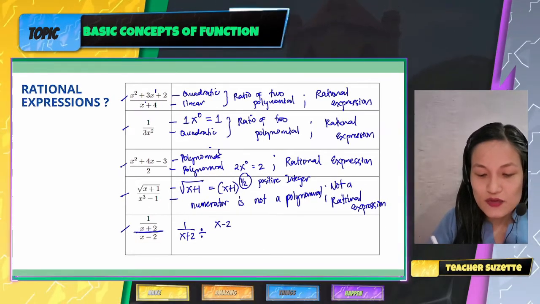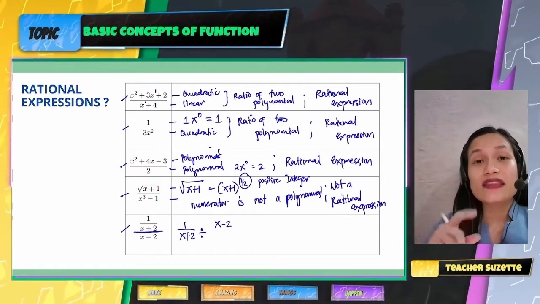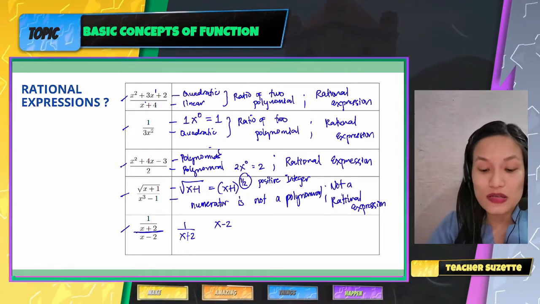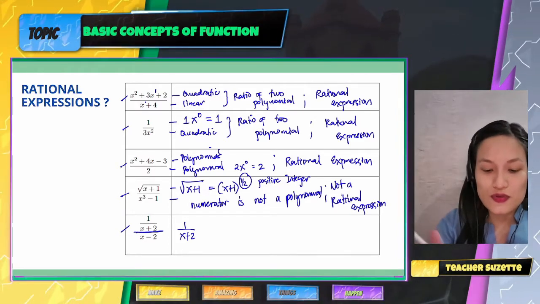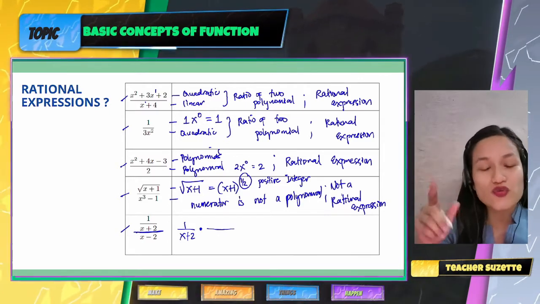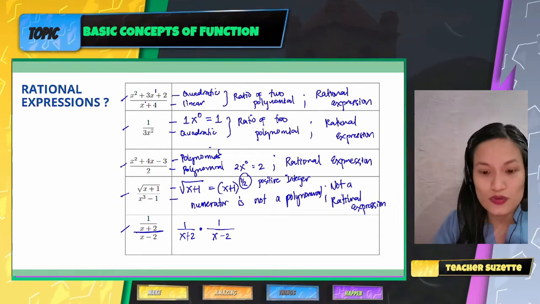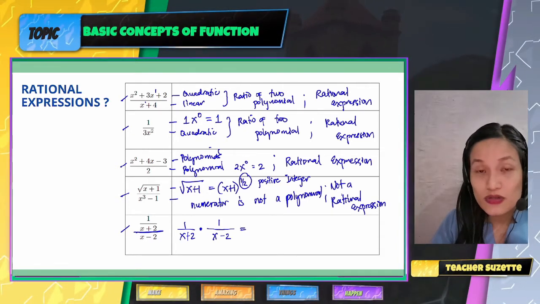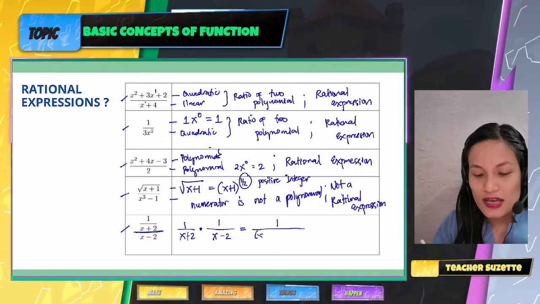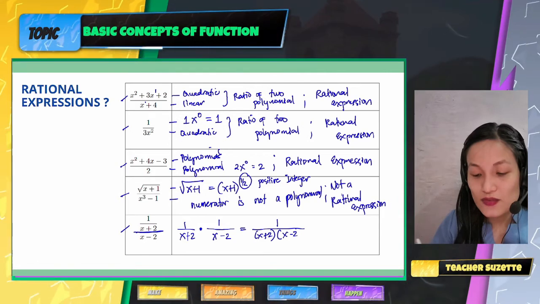And ang ruling natin kapag division is that we get the reciprocal of the divisor, then proceed to multiplication. So, multiply natin siya sa reciprocal ng x minus 2, which is equal to 1 over x minus 2. Then, multiply natin. So, you will have 1 all over x plus 2 times x minus 2.